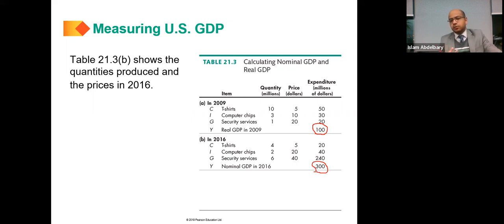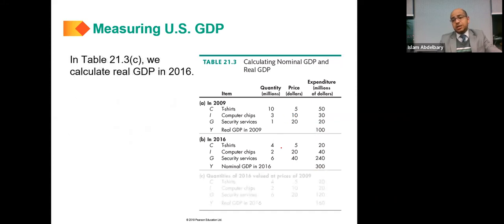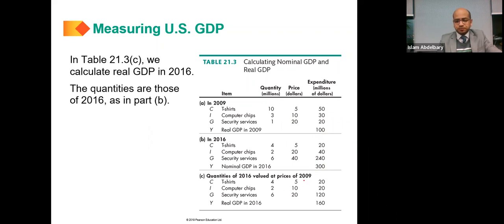Okay, how can we differentiate whether it is price or quantity? We use constant prices, so we use a fixed price. The new quantities will be multiplied by the base year price, which is the prices of 2009.